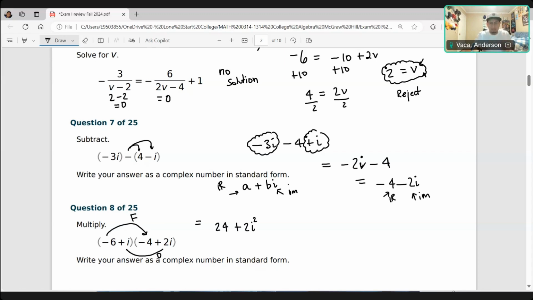Wait, no, what am I saying? That's not what I'm saying. I know what I'm doing, but I think I messed up the acronym. First, outers, inners.